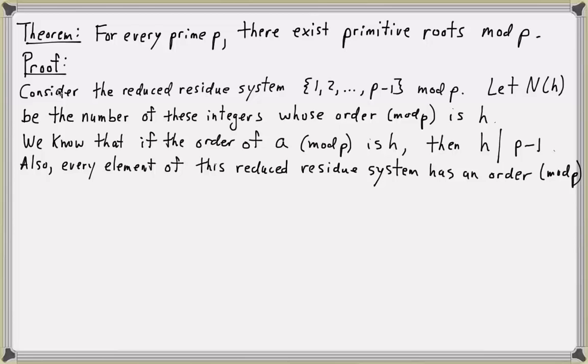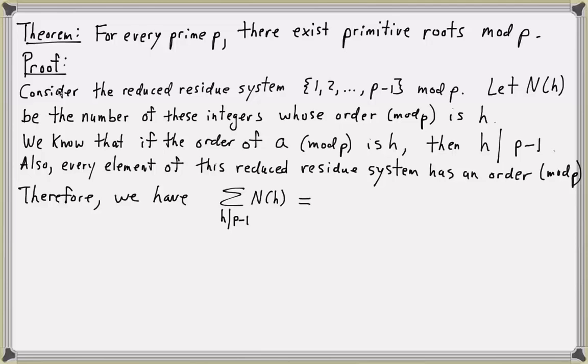So therefore, if I add up all the capital N's for all the possible orders, that will partition this reduced residue system. Another way of writing this is, therefore, we have that if I add up all these counts, remember, capital N of h counts the number of residues with order h, if I add up all these N of h for all h dividing p minus 1, then that should equal all of this reduced residue system.